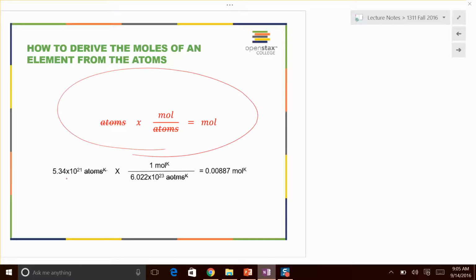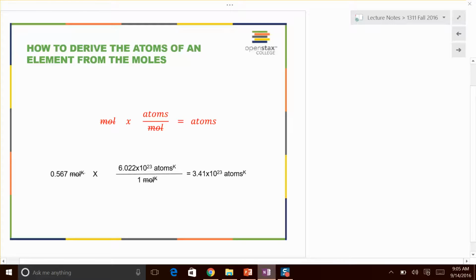Yes, ma'am? What does that K stand for? Potassium. Number 19, potassium. If I wanted 1 mole of potassium, I would need 39.0983 grams of it. And we'll look at an example like that, but here, this is simply an atoms to moles conversion.